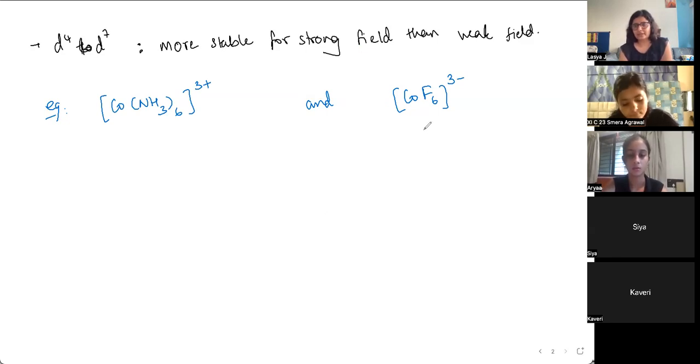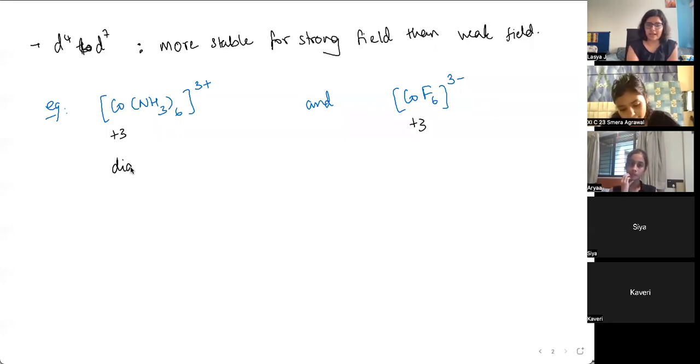Even though the oxidation state of cobalt is the same in both these cases, this is cobalt showing +3, this is cobalt showing +3, it is observed that this is diamagnetic, this is paramagnetic.